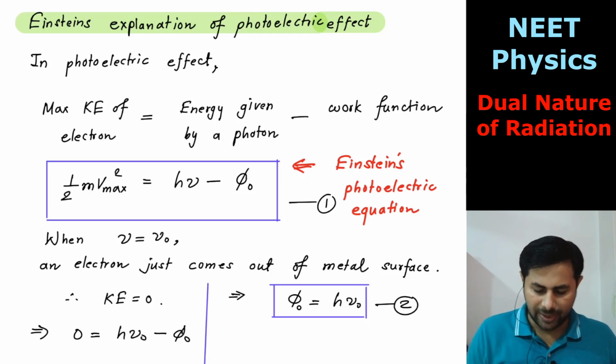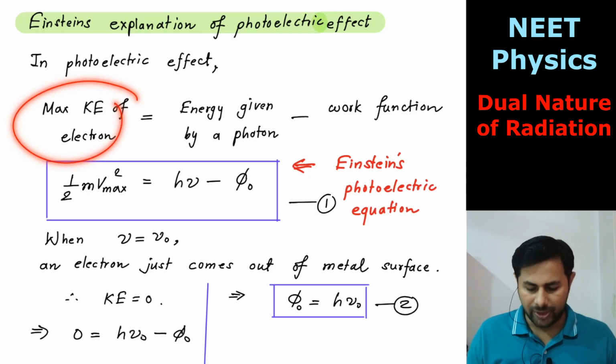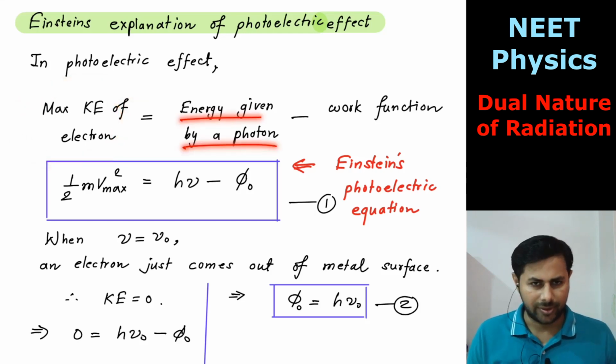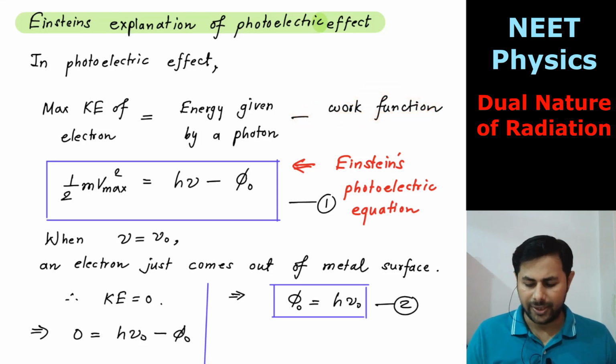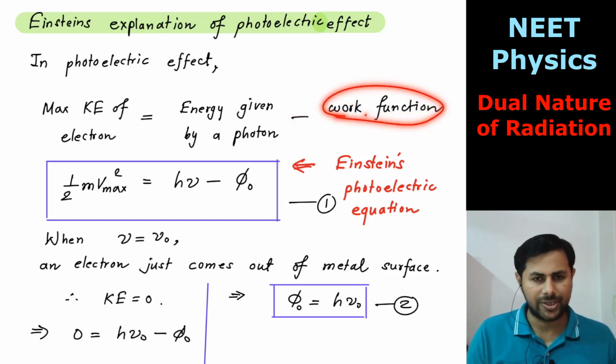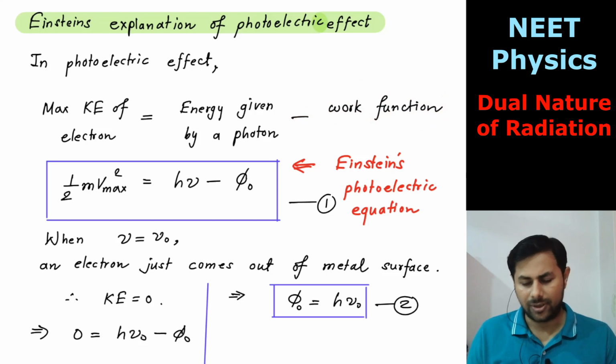So what can we say? The maximum kinetic energy of the electron is equal to the energy given by the photon minus the work function, right? What is work function? Work function is the energy required by an electron to come out of the metal surface.